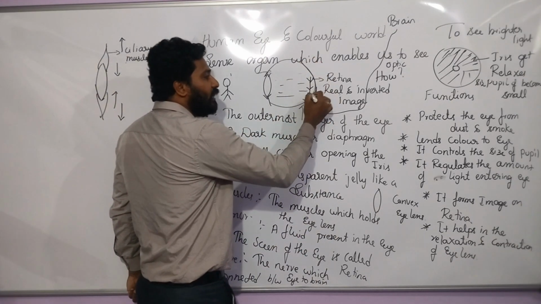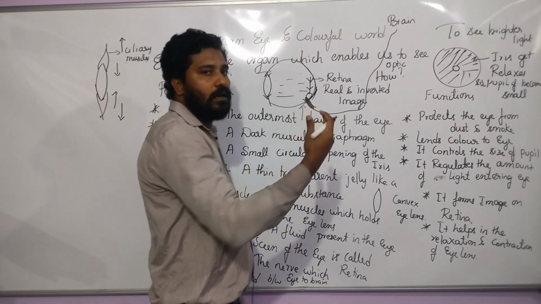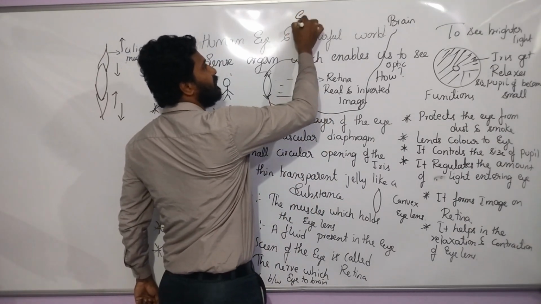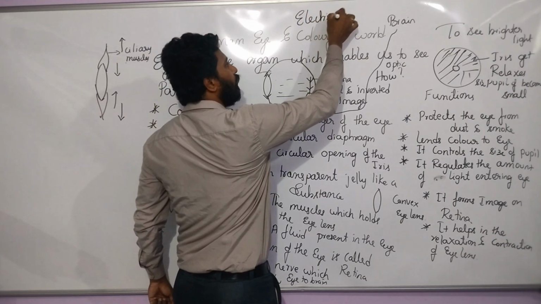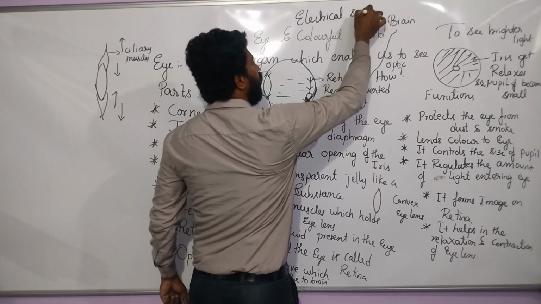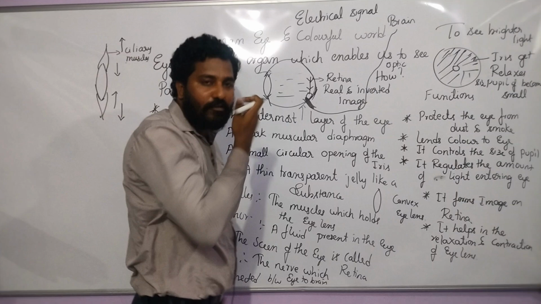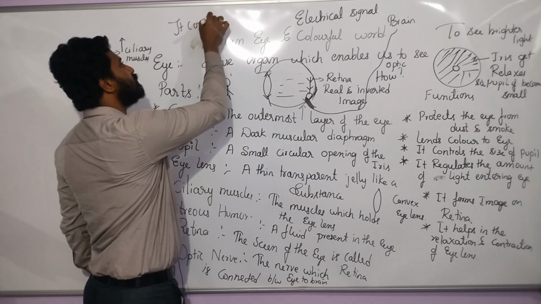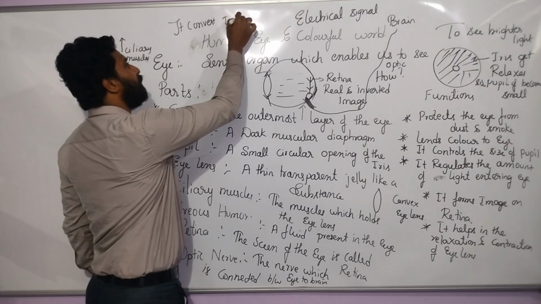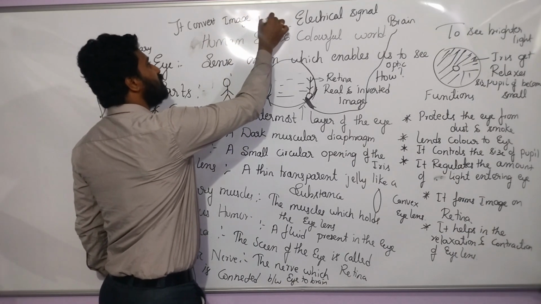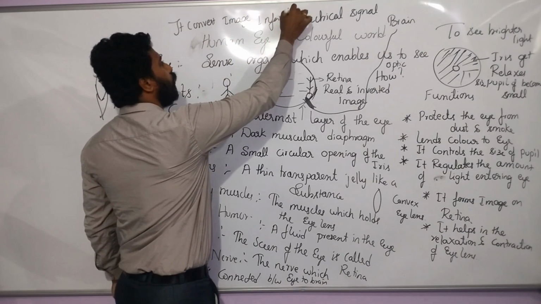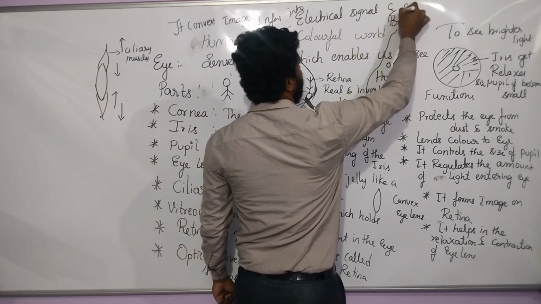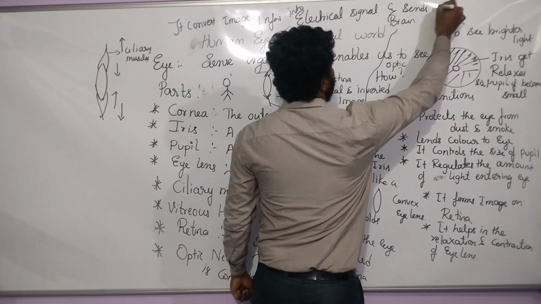The image formed here will be converted into electrical signals. So what is the function of the optic nerve? It converts image information into electrical signals and sends them to the brain.